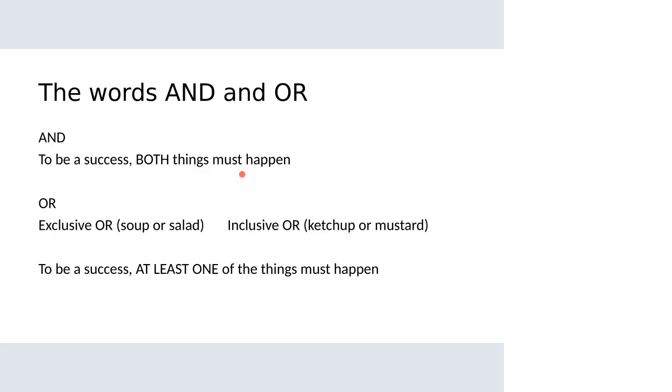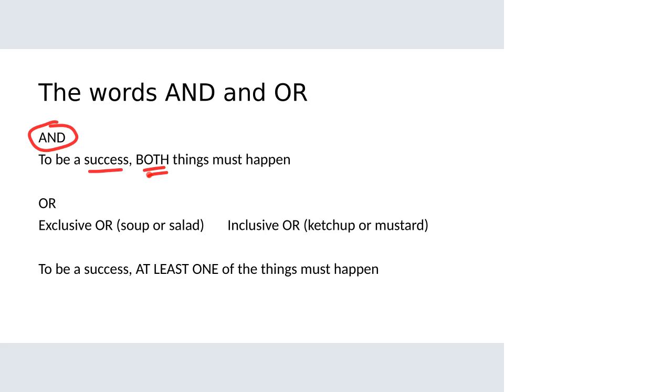The words and or are going to be important for us as we talk about probabilities. And so we're going to talk about the difference between those words. They don't appear to be that different, but they really, really are for us. The word and. If and is involved in a probability question, to be a success, both things must happen.